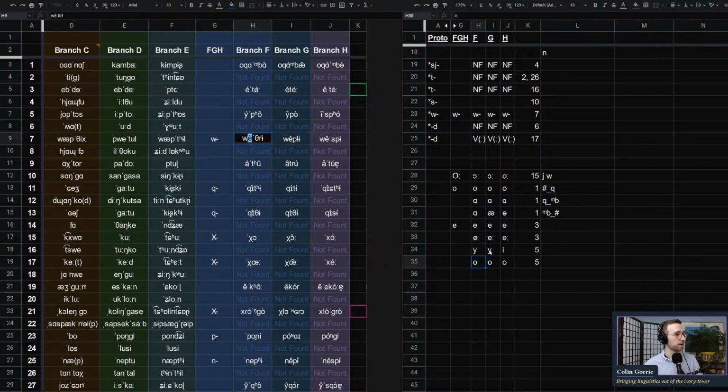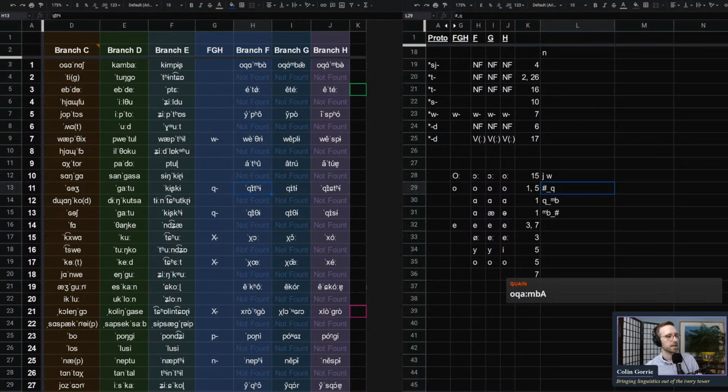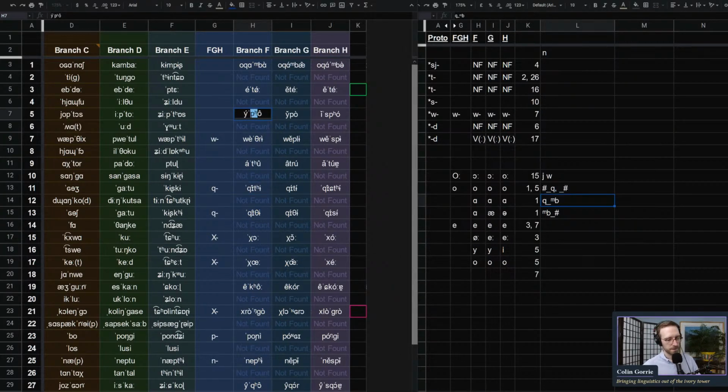And so we have in 7 A. So this is already, we know about this in 3, and we know about this in 5, but the environment is different here. Here it's after some kind of labial stop.